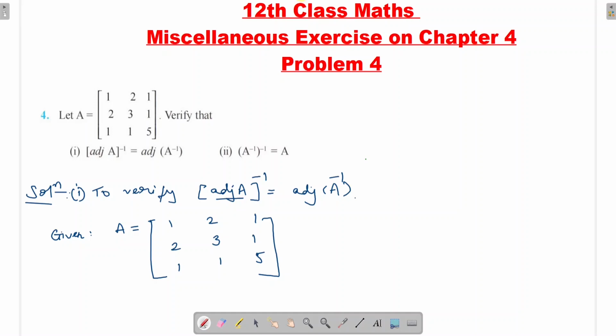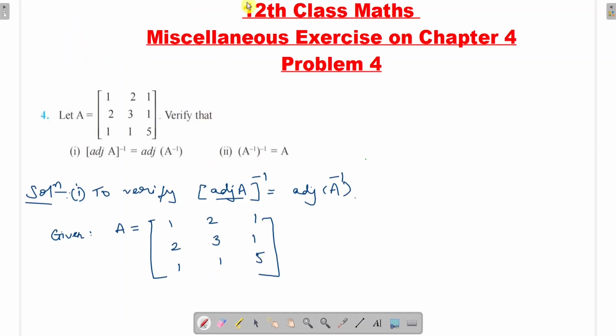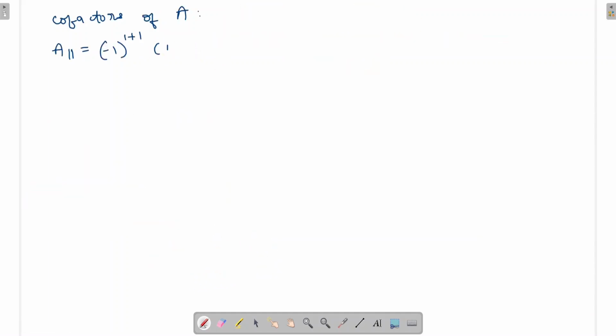So for finding adjoint of A we have to find cofactors of A. So cofactors of A, that is A11, which is equal to minus 1 raised to 1 plus 1, and 5 times 3 is 15 minus 1.